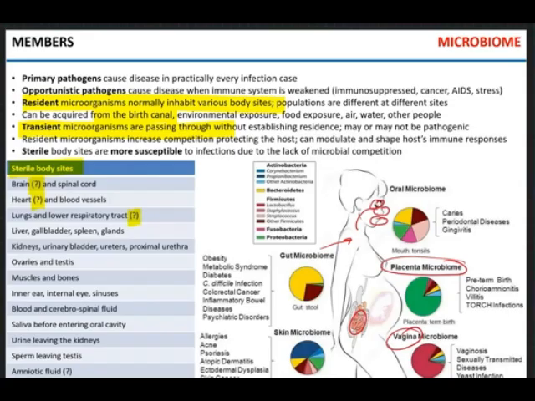Now, microorganisms are categorized into two big groups based on their ability to cause the disease. One is the primary pathogen. It can cause a disease in an average healthy person. And then there are opportunistic pathogens that will give troubles to people with impaired immunity. Okay?